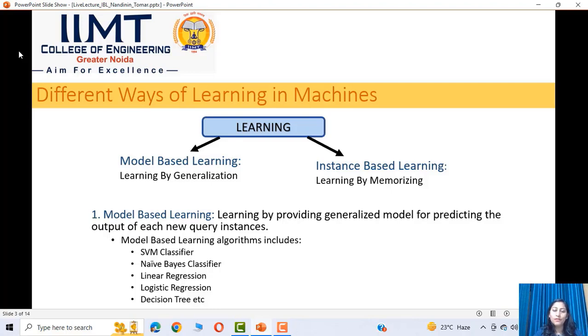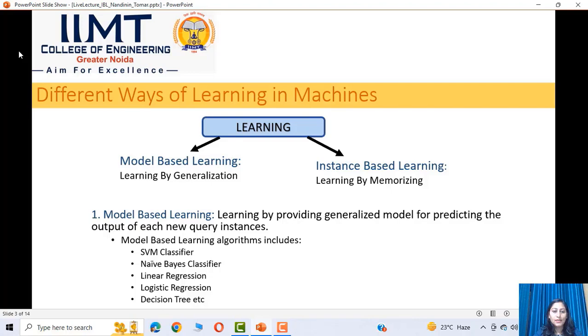So this is the concept of machine learning. Now, based upon the way the machine utilizes the given data set, we have two machine learning methods. First one is model-based learning and another one is instance-based learning.